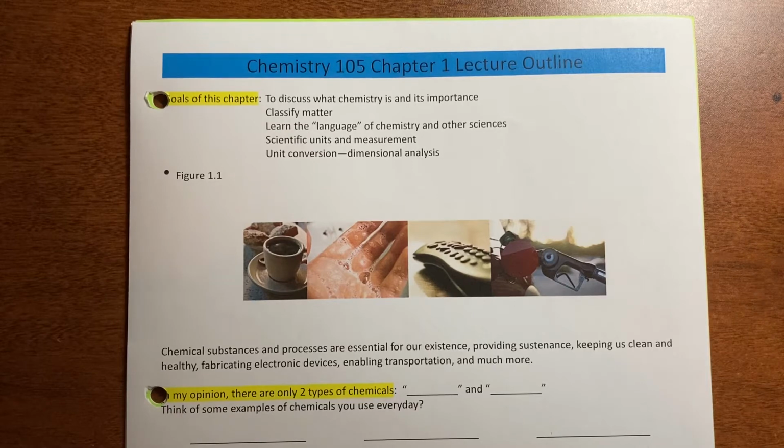So the first chapter of any general chemistry course is going to give you the basics. How do you talk about chemistry, the terms you need to use, and that goes for any science, really. You're going to learn a lot about how we classify matter. We'll talk about physical versus chemical changes.